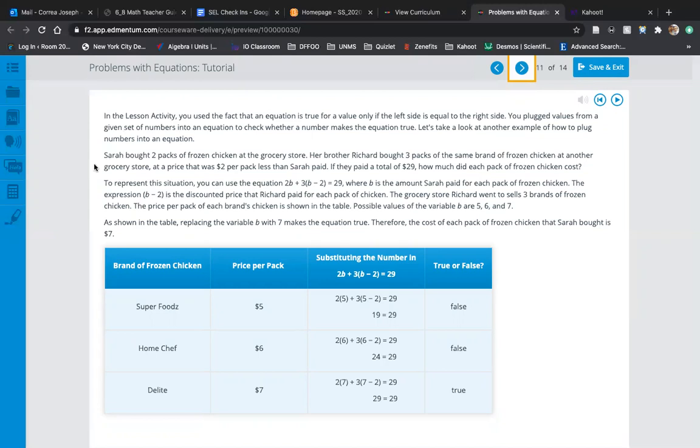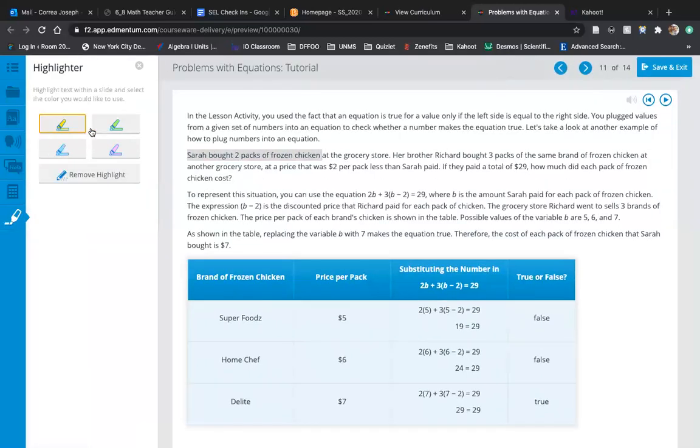So in this example here, it's saying that Sarah bought 2 packs of frozen chicken at the grocery store. I'm just gonna highlight any text that seems like it's gonna be important, right? It says that her brother Richard bought 3 packs of the same brand. So Richard bought 3 packs of the same brand of frozen chicken.